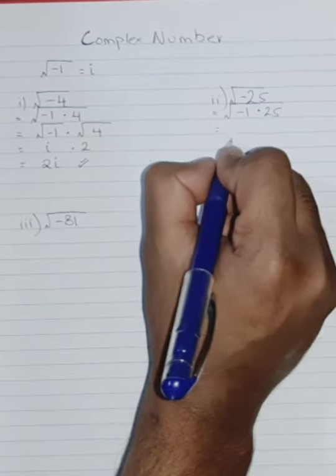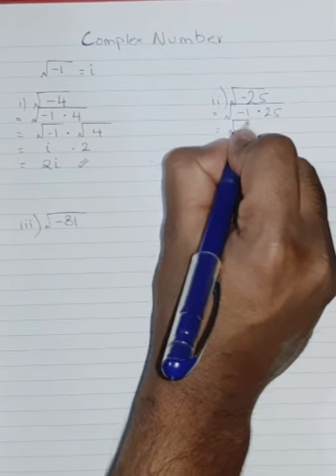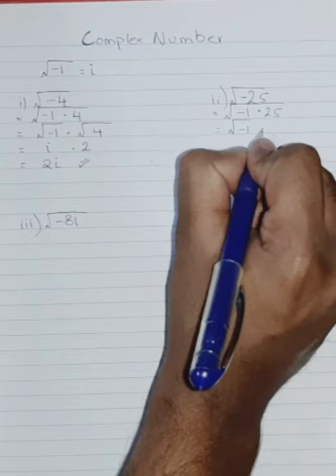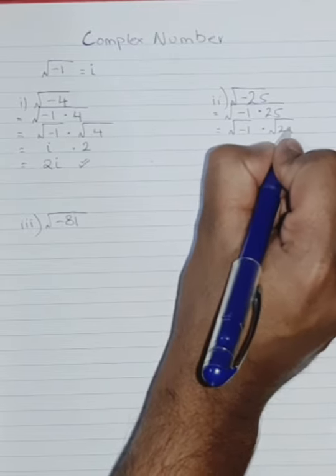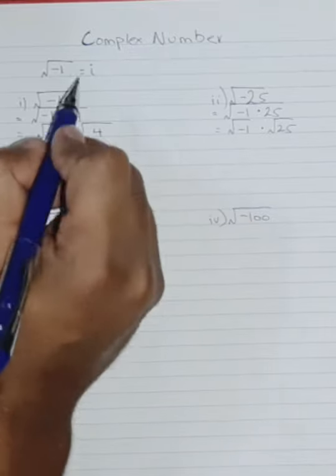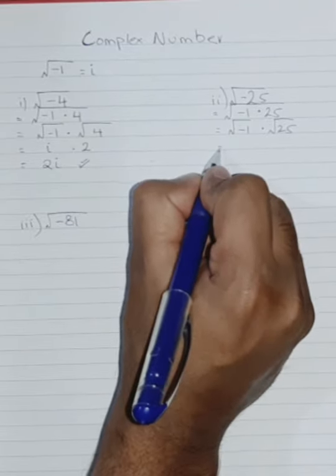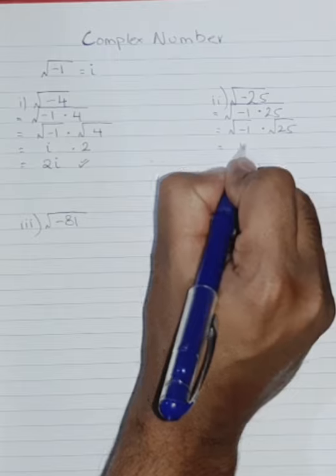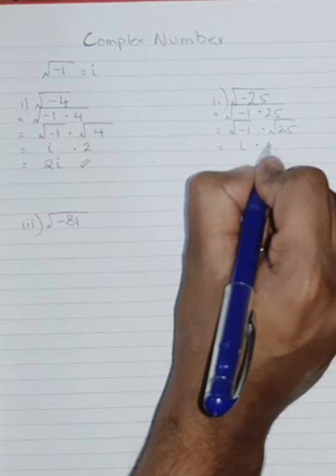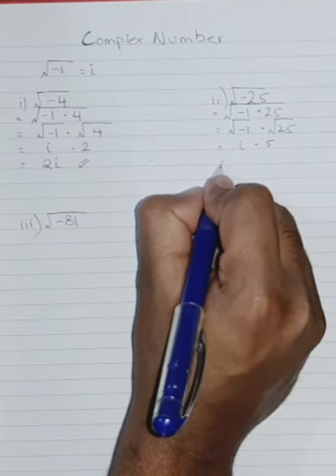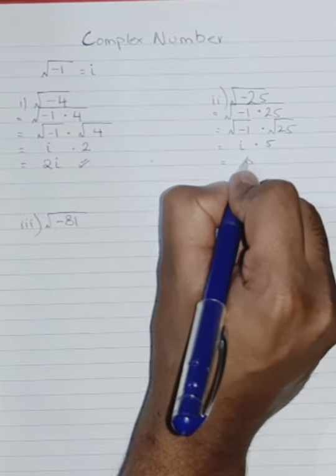So the square root of negative 1 multiplied by the square root of 25. As we have done before, the square root of negative 1 is equal to i, multiplied by the square root of 25, which is 5. i multiplied by 5 will give you 5i.